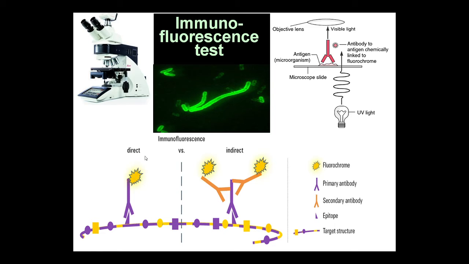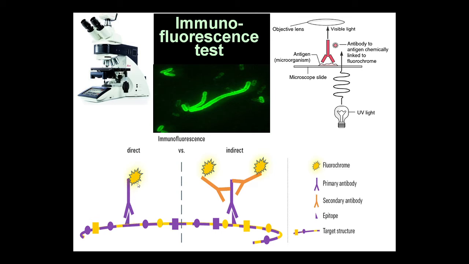This is a direct immunofluorescence test, shown in the illustration in the left part of the demonstration of the test. What do you see? The surface of bacteria with different antigens. One of them is a triangle.